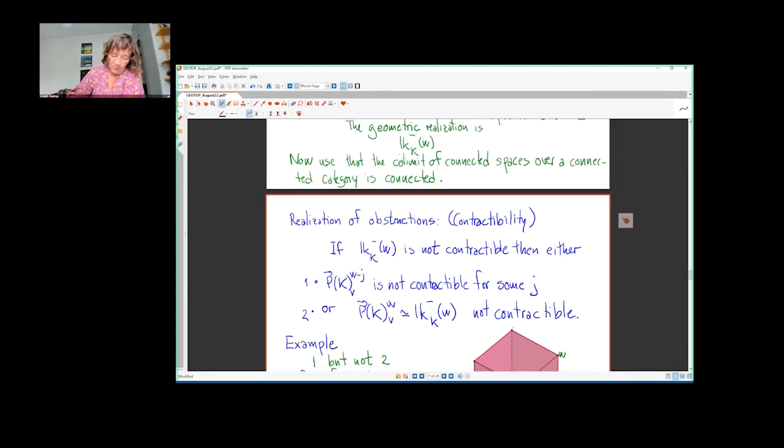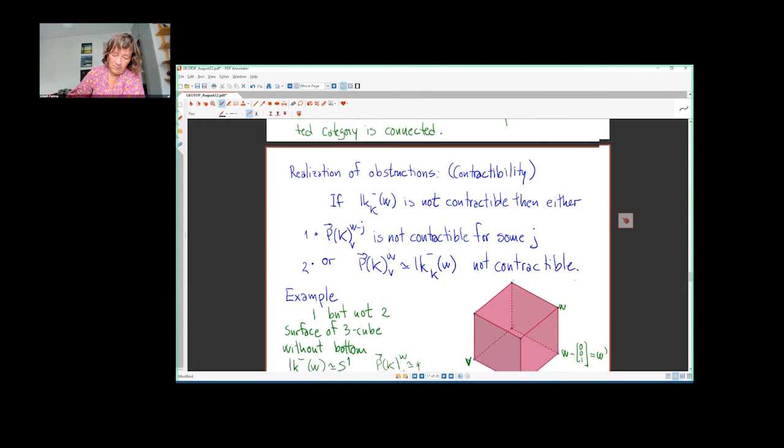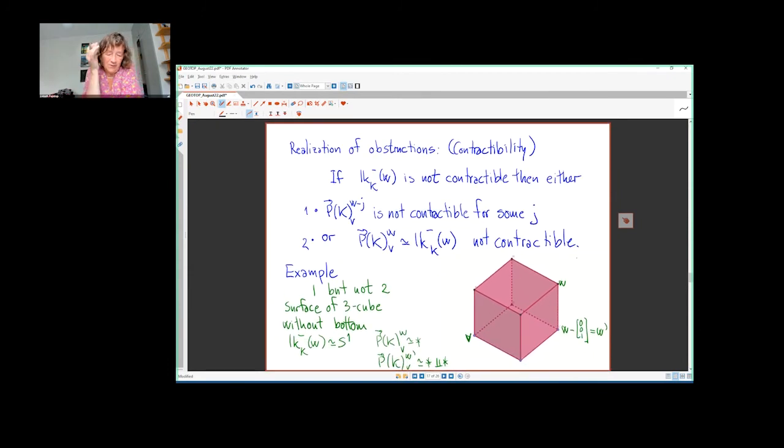So what I wanted to also show you is how the realization of obstructions works, which I actually think is kind of cool. And this is again work together with the group. So let's go for contractible first. If I have a non-contractible path link, then there are two possibilities.